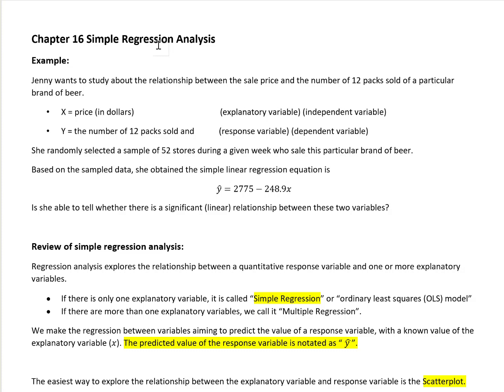Alright, so on Tuesday, we got some basic ideas about simple linear regression and reviewed some basic concepts. Just in case you didn't pay enough attention to the contents on Tuesday, or some of you may have been absent from the class for some reason, in this first video I just repeat the same contents from Tuesday, the review of simple linear regression.